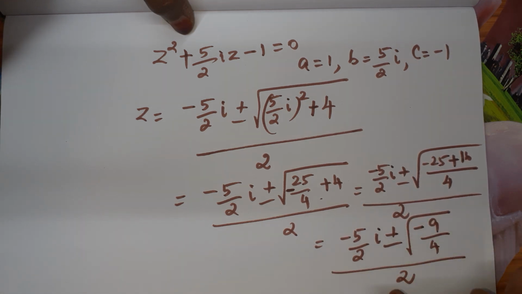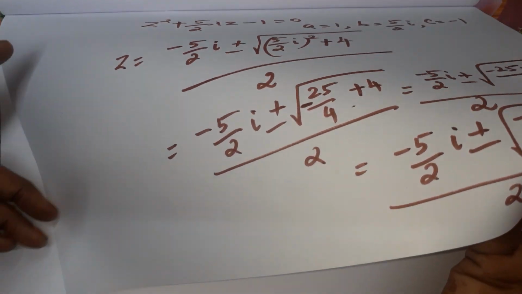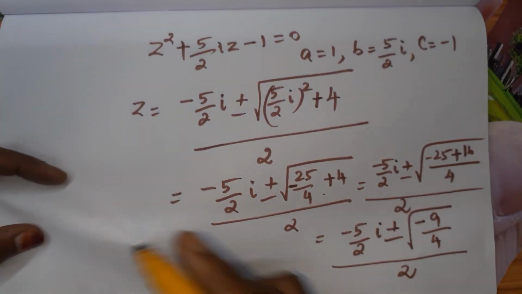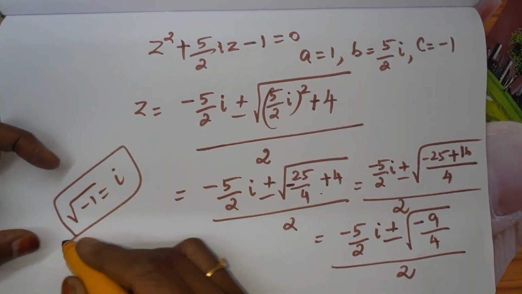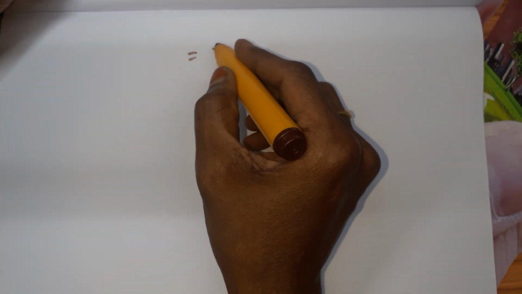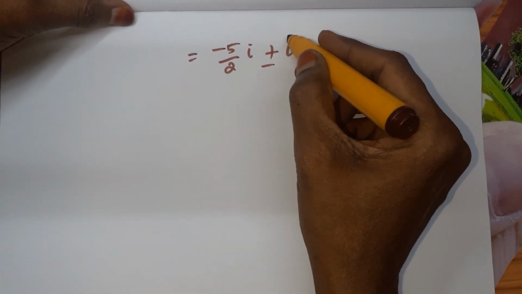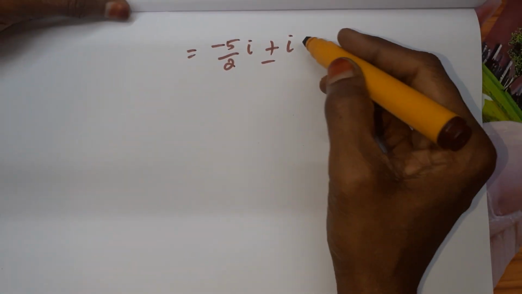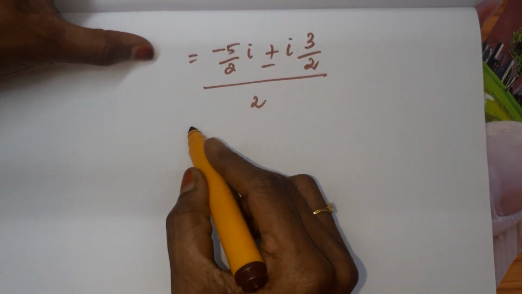Minus sign when we have in the square root, when it comes out, it is I, because already we know that root of minus 1 is I. Okay, so we can write this as minus 5 by 2 I plus or minus I into root of 9 by 4 can be written as 3 by 2 outside the root, by 2.